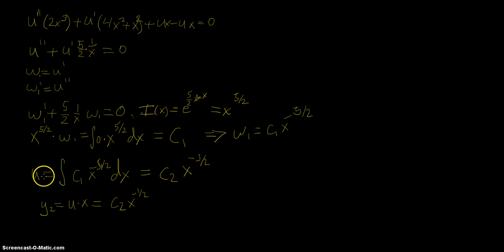Using the integrating factor method, we arrive at the conclusion that W equals some arbitrary constant C1 times x to the negative 5 halves. Then we integrate this, and that gives us u, since W is u prime. So u is the integral of C1 times such and such, which is some new arbitrary constant because we modified C1 by dividing by negative 5 halves.